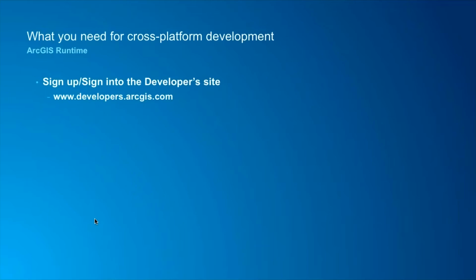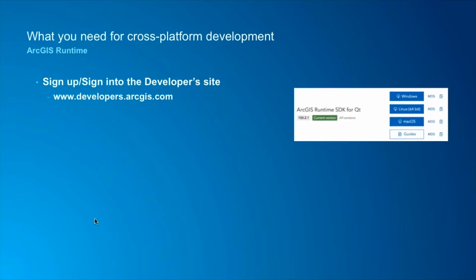If you haven't already, you can create a free developer account there, and that'll give you access to all of the different SDKs that we have. If you go to the download section, you'll see several different options available, and this goes back to the slide earlier where I talked about the different development host machines. We have Windows, Linux, and Mac, so think about which platforms you want to target and download the appropriate version of the Runtime SDK for Qt.